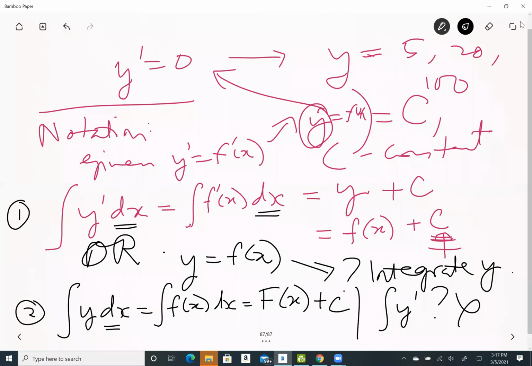Okay, so that is the notation, and we already started that concept of integration. So next class, we will look at the rules of integration. Actually, it's based on what we were doing just now, related to derivative. But with the rules, it's easier for us to do the process.